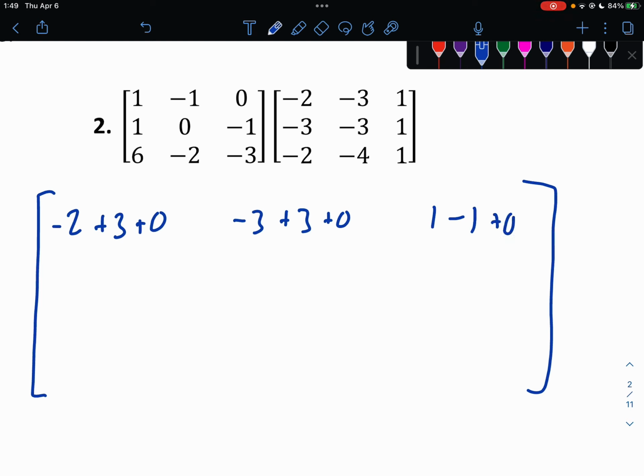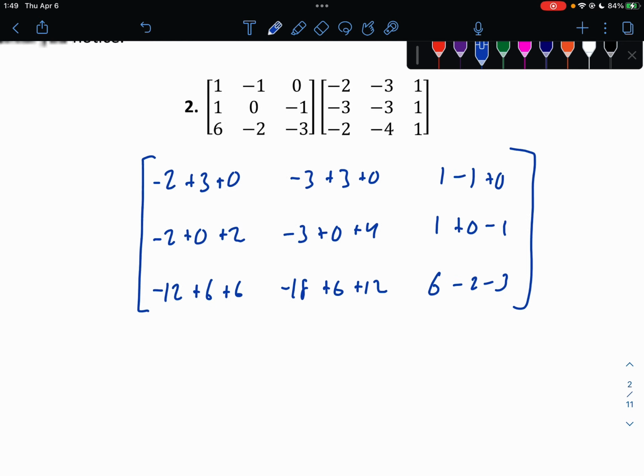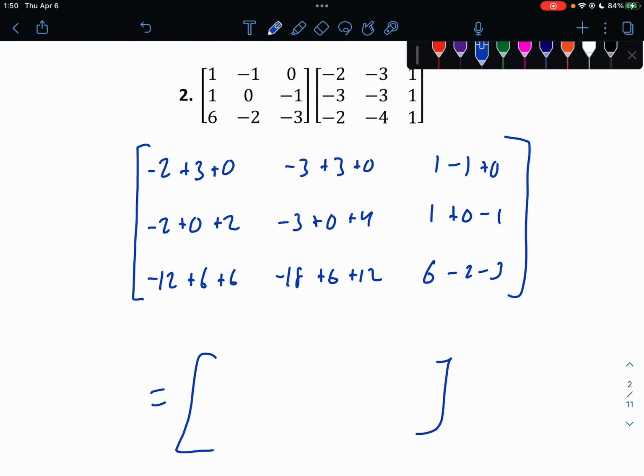Second row, -2 plus 0 plus 2, -3 plus 0 plus 4, and 1 plus 0 minus 1. Third row, -12 plus 6 plus 6, -18 plus 6 plus 12, 6 minus 2 minus 3. Simplifying, 1, 0, 0, 0, 1, 0, 0, 0, 1.